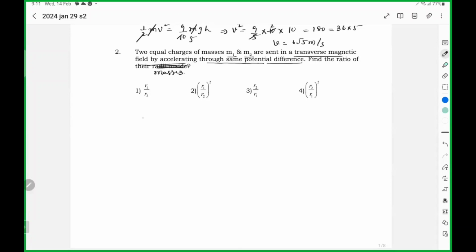What is given is charge on both particles is same. This is first information. Here they are accelerated through same potential difference.